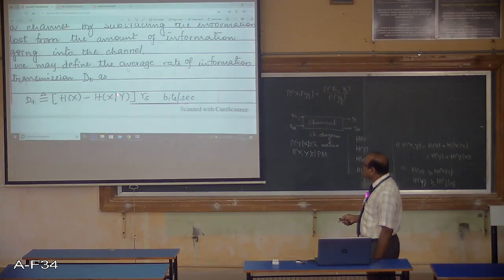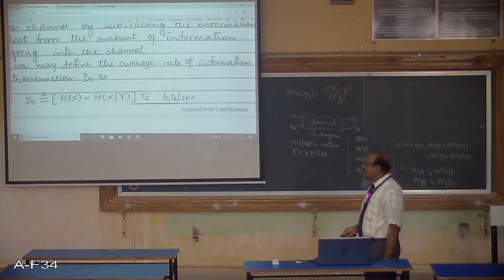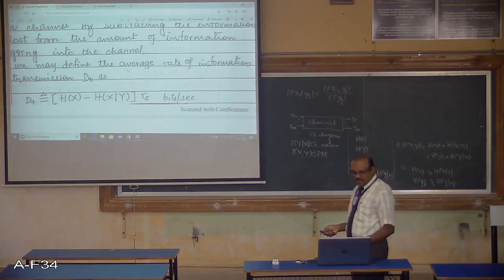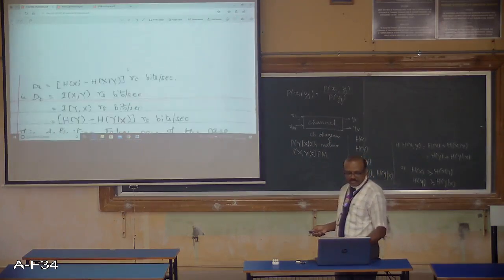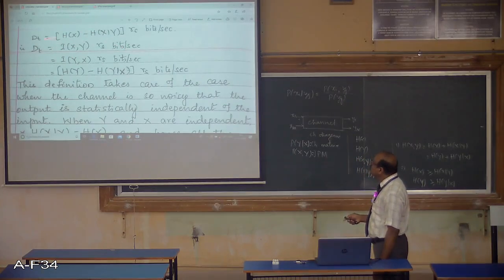Subtracting this uncertainty due to errors from what is fed, multiplied by the symbol rate, is what we call the rate of information transmission. And this H(X) minus H(X|Y) is simply the mutual information. That difference is the mutual information.